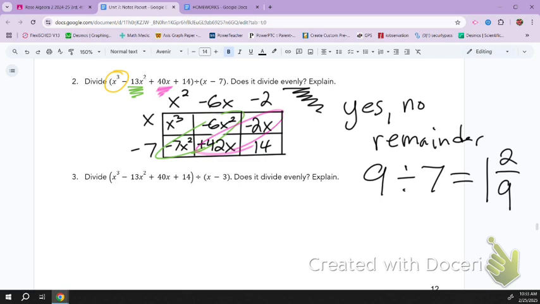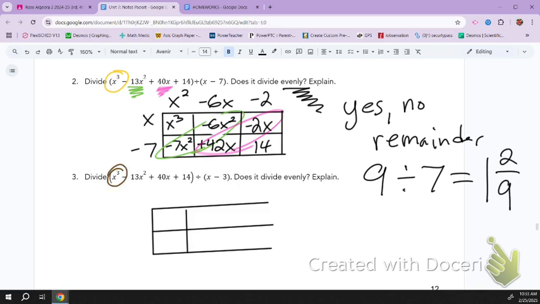Let's set up a box. I'm going to make it open-ended. I'm going to start with my first column, and I'm going to put my highest degree up there. Oops, orange. X cubed.